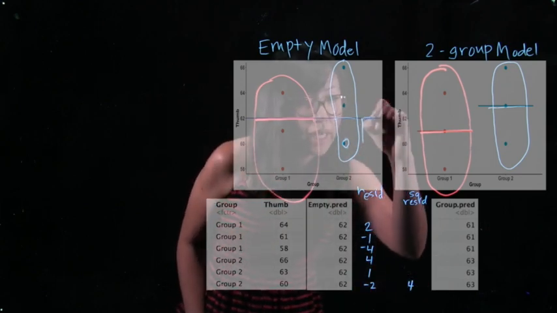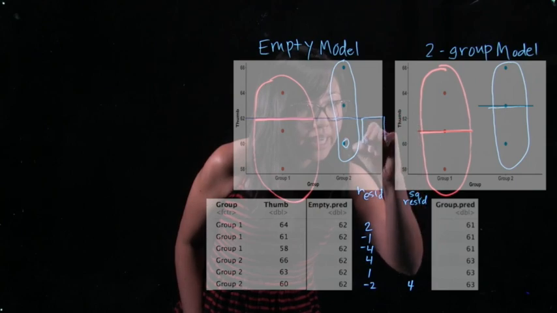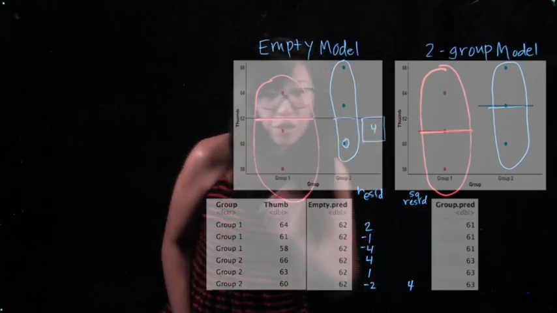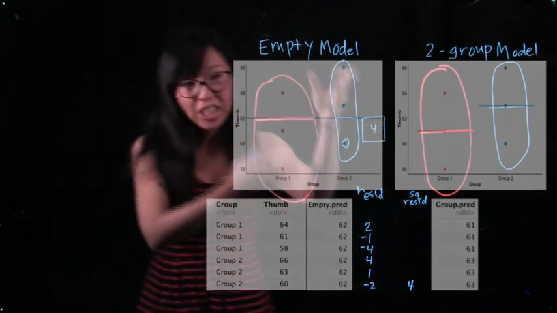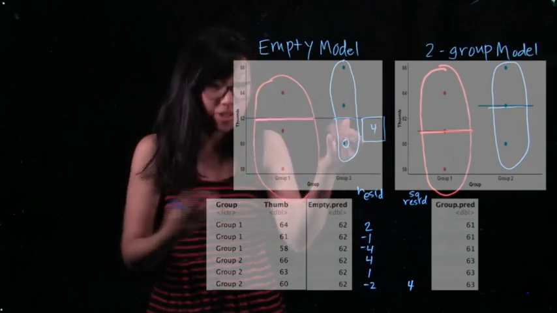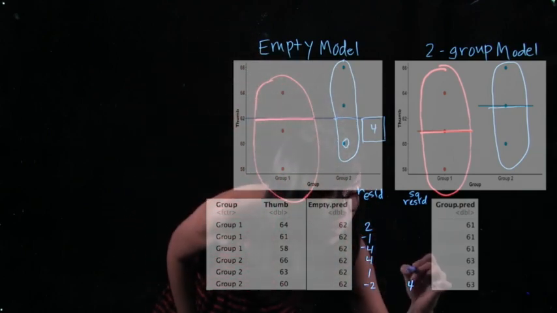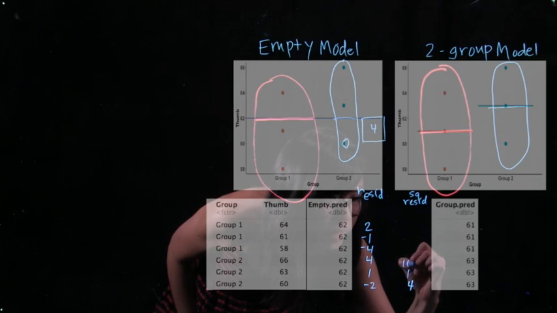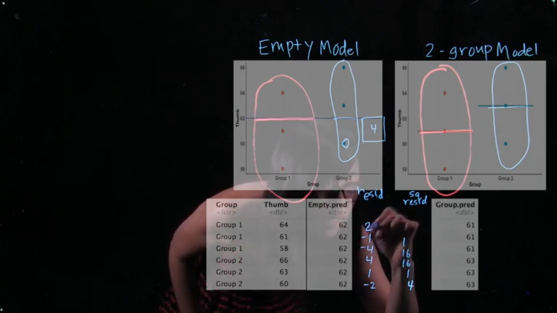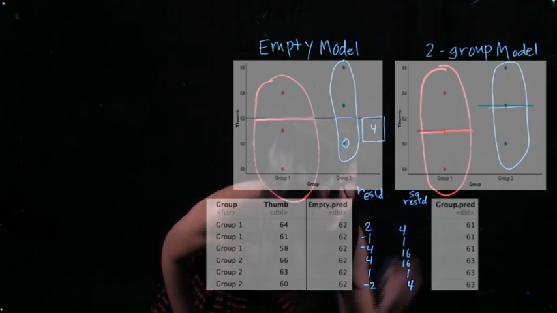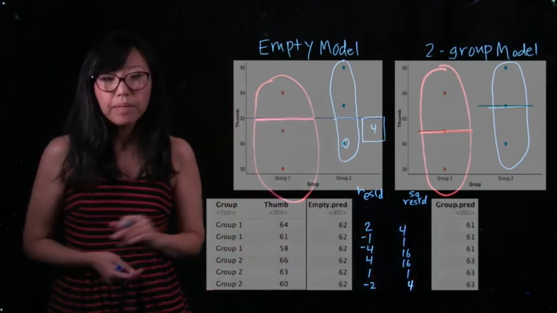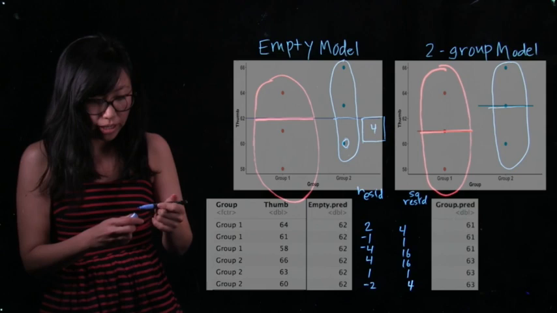That is my little 4 right there. And imagine that I do that for all 6 dots. So 1 squared is 1, 4 squared is 16, -4 squared is 16, 1 squared is 1, and 2 squared is 4. So you can see my squared residuals from the empty model, and I've put those in blue.